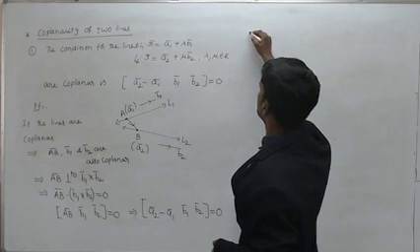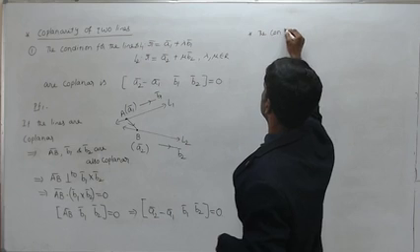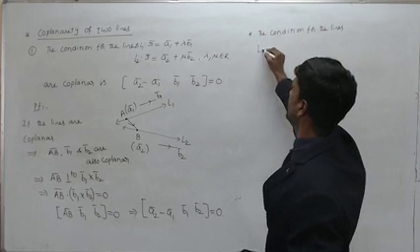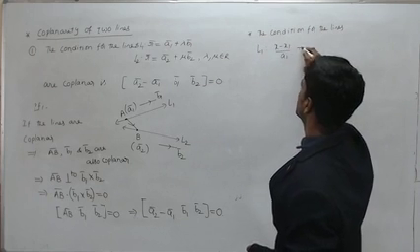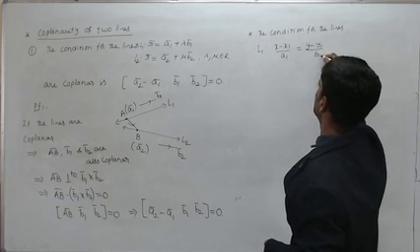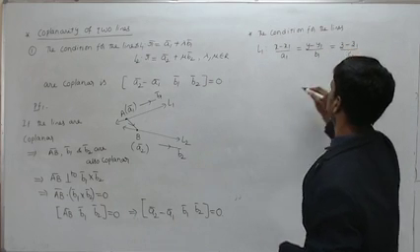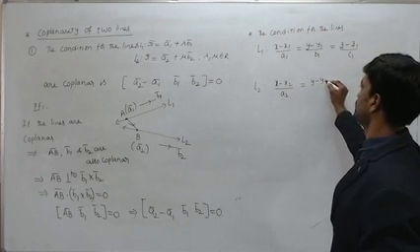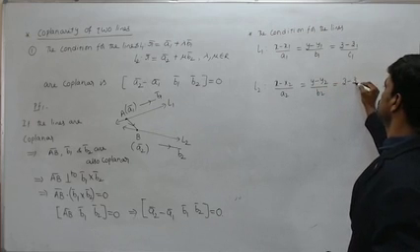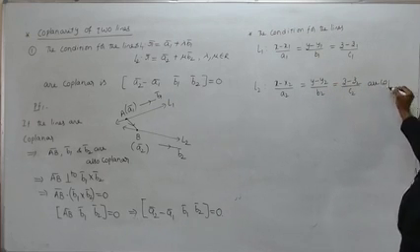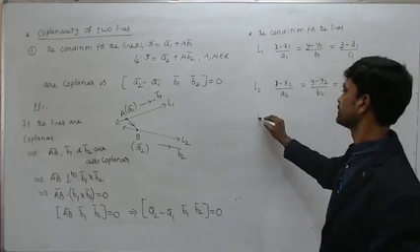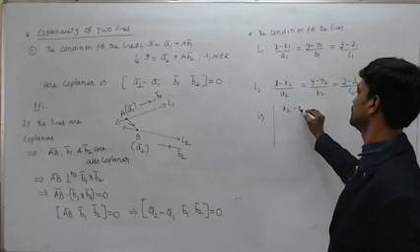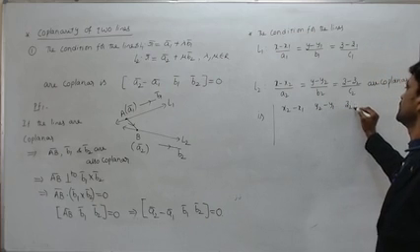Next, when Cartesian equations are given. So the condition for the lines L1: (x minus x1) by a1 is equal to (y minus y1) by b1 is equal to (z minus z1) by c1, and line L2: (x minus x2) by a2 is equal to (y minus y2) by b2 is equal to (z minus z2) by c2 to be coplanar is the determinant with first row x2 minus x1, y2 minus y1, z2 minus z1.